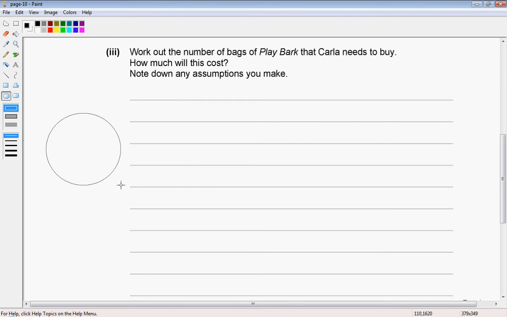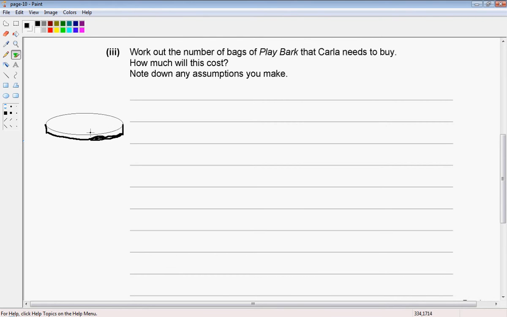Now if I just tip it a little bit, it's going to be a very rough drawing, but we need to go down 300 millimeters. Oh dear, it is a terrible drawing. Okay, just go with me on this. So we need 300 millimeters thickness of bark for this area.